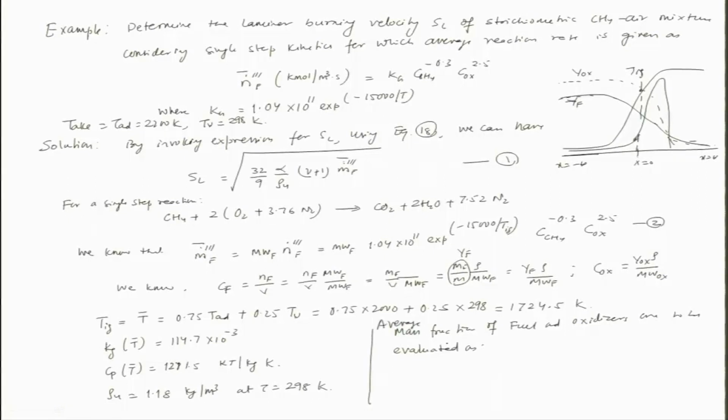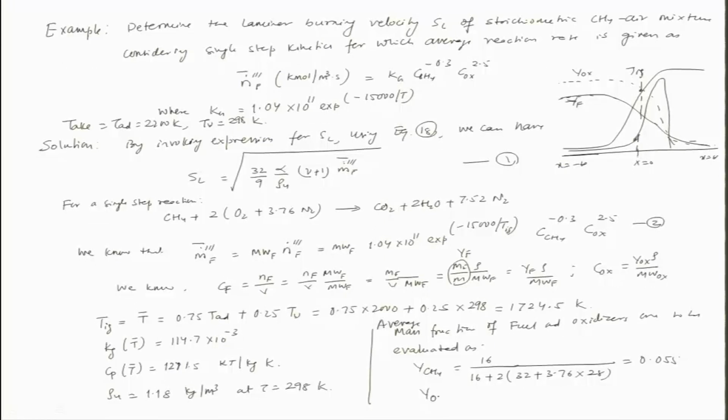Let us first evaluate the mass fraction of fuel and oxidizer from the expression in the chemical reaction. Y CH4 will be 16 divided by 16 plus 2 into 32 plus 3.76 into 28, which comes around 0.055, and this is the mass fraction at the inlet, or x equal to minus infinity.